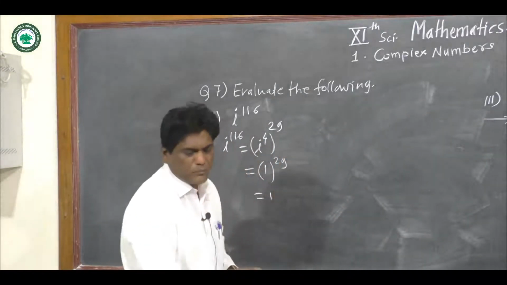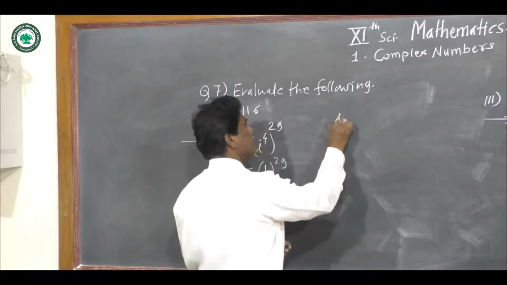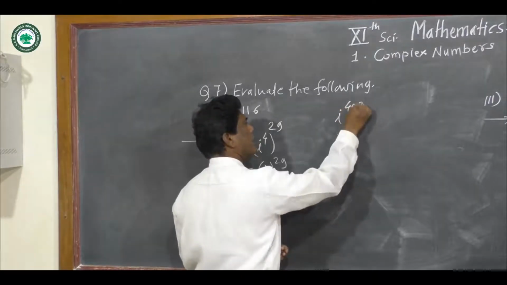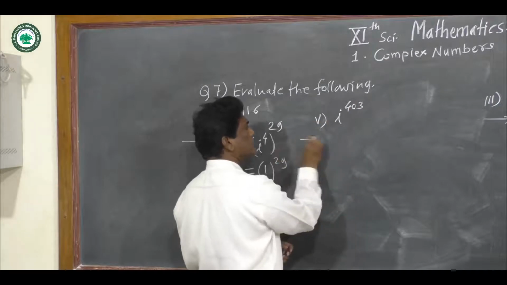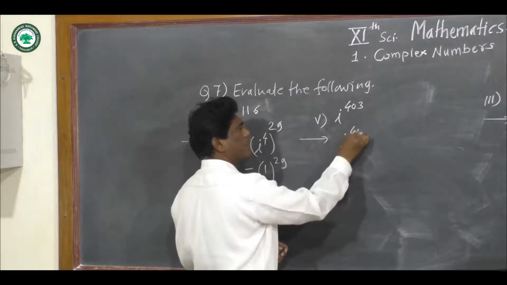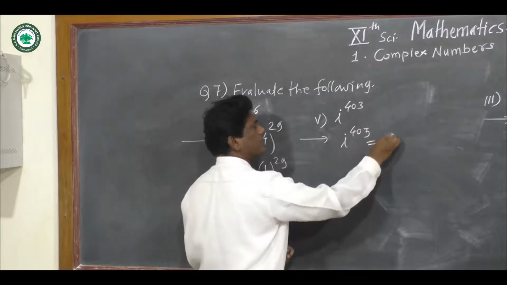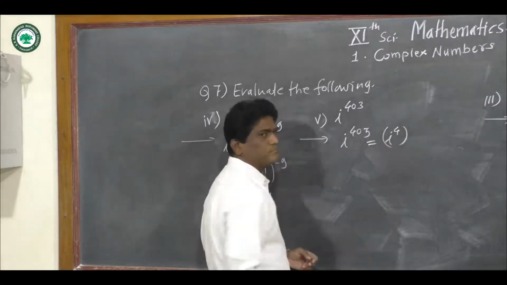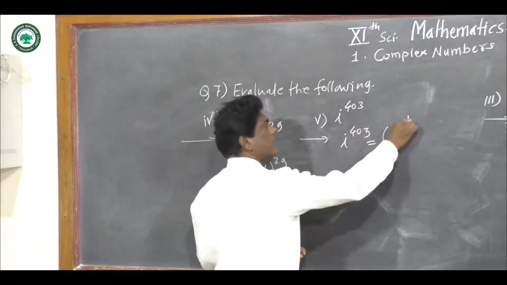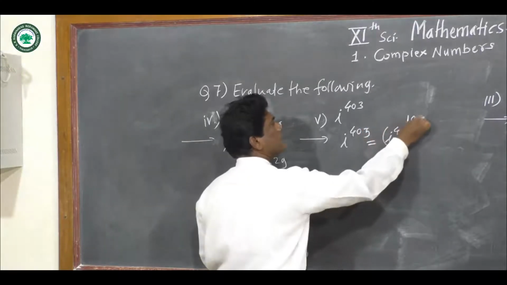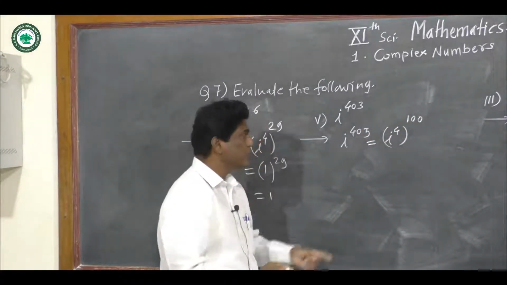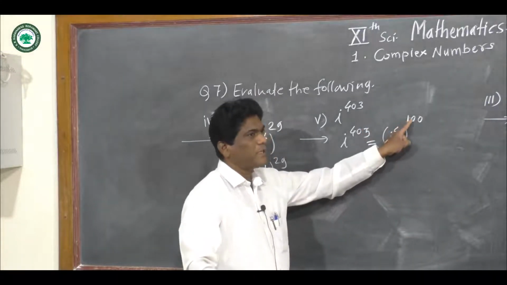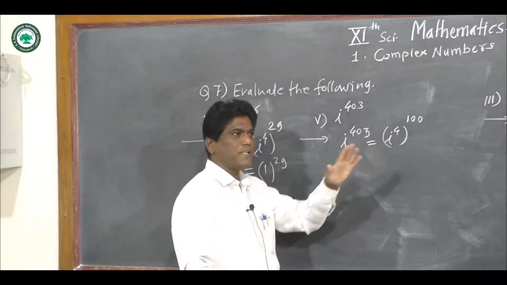Now the fifth here, i to the power 403. So the solution of this: i to the power 403 is equal to, firstly write down i to the power 4, 4 1s are 4, 0, and here also 0. Because we know that 4 into 100 is equal to 400, and 3 is the remainder.